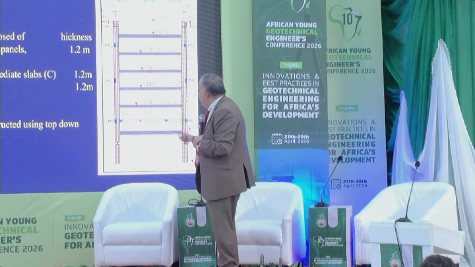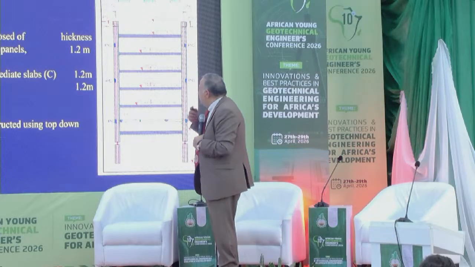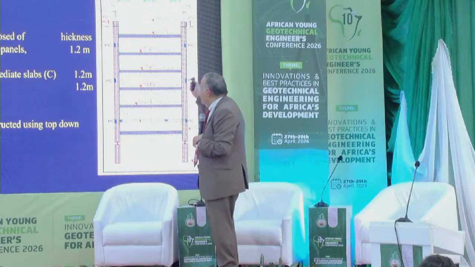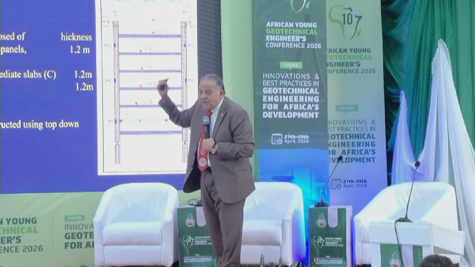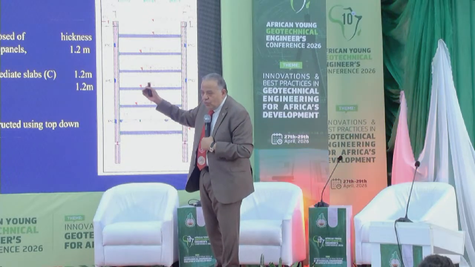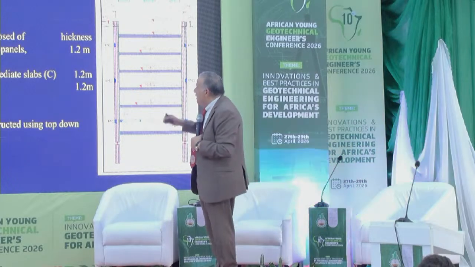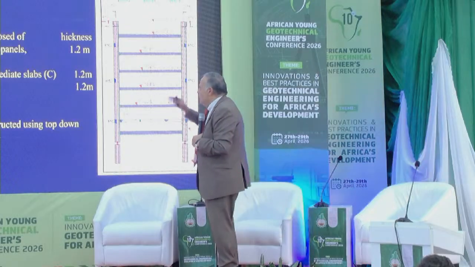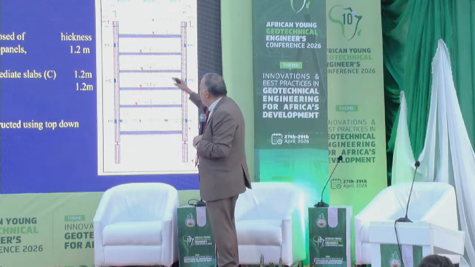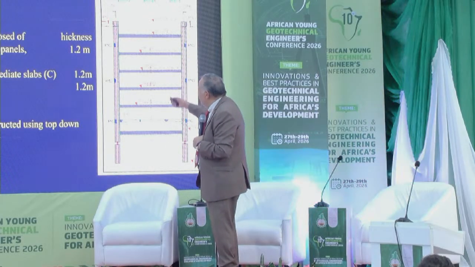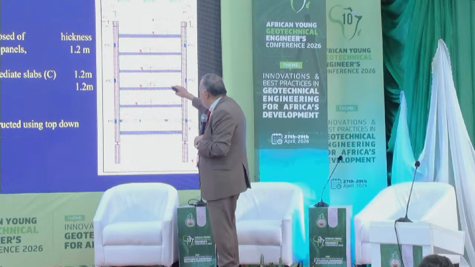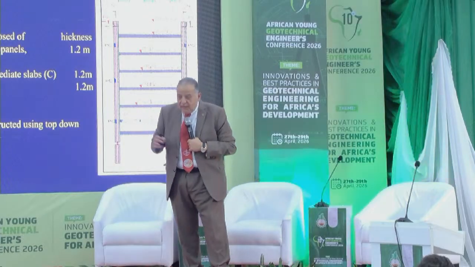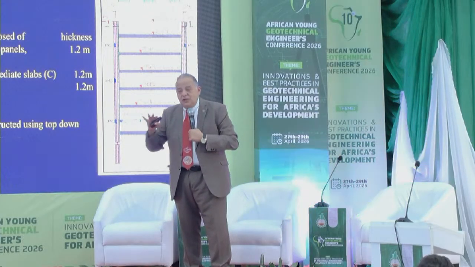This is a typical cross section. The station has a diaphragm wall, a very rigid, stiff wall, 1.2 meter thick. The raft is probably thicker than 1.2, and the roof and the concourse slabs in between are also 1.2 meter thick, and these are stationary slabs.